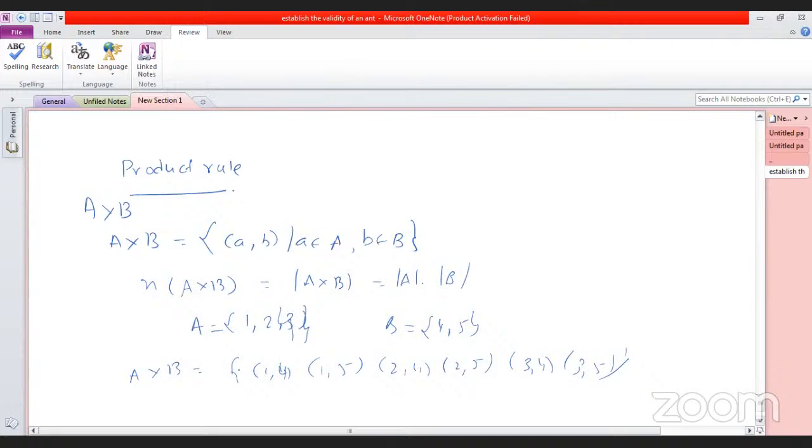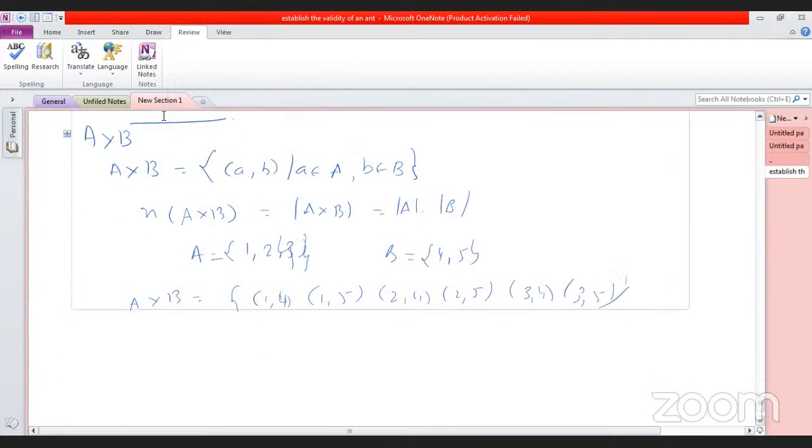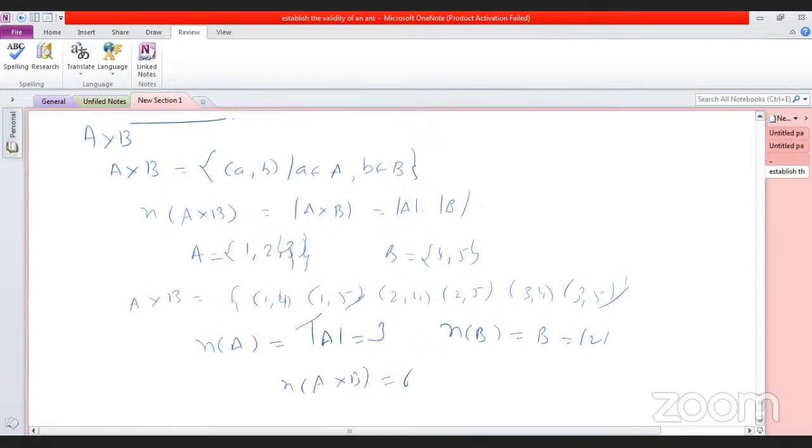So the number of elements in A is equal to 3. The number of elements in B is equal to 2. The number of elements in A cross B is 3 into 2, which is 6. We count 1, 2, 3, 4, 5, 6.